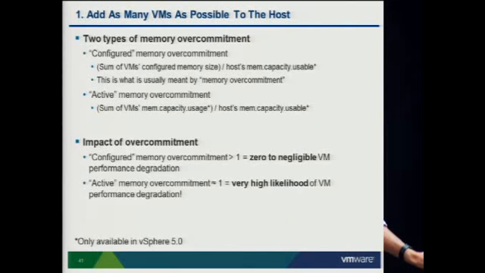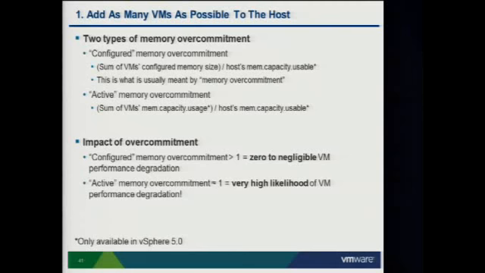But there's also another concept of overcommitment, and that's overcommitting the active working set. So it's the sum of the VMs' demand, or the active memory, divided by the amount of physical RAM. Now, what are the differences between these two? They're actually quite stark. If you just overcommit the configured memory, there's basically no performance impact. You might occasionally get some ballooning and swapping, but it's not going to hit the active working set of that VM, and thus it'll maintain its performance.